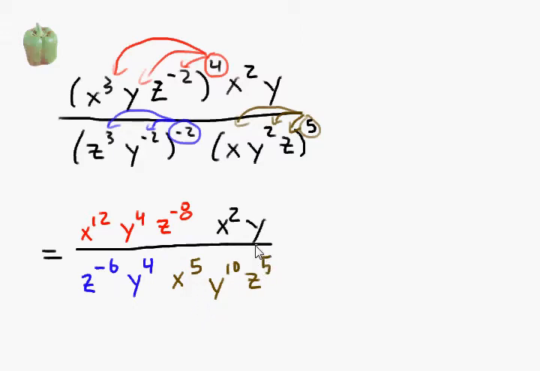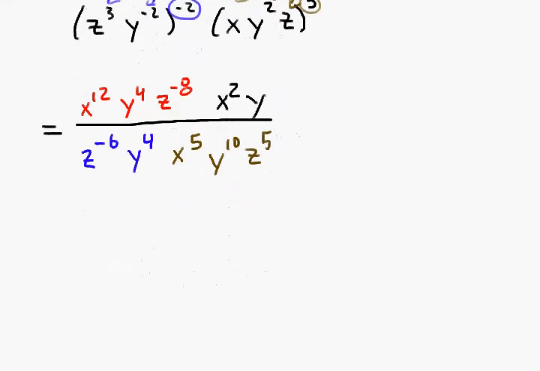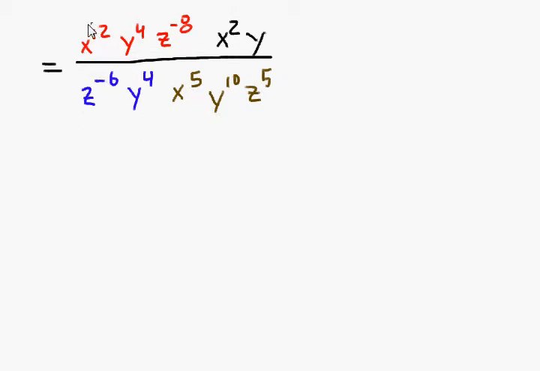Okay, with that done, it's time to start grouping. We want to get all of our x's together. So that's x to the 12th, x squared, divided by x to the 5th.